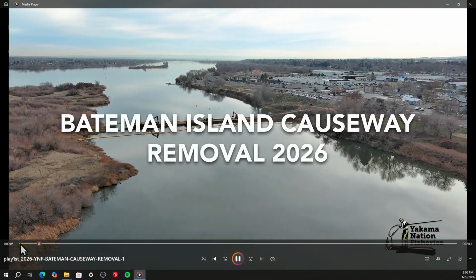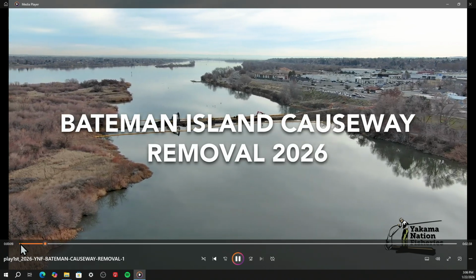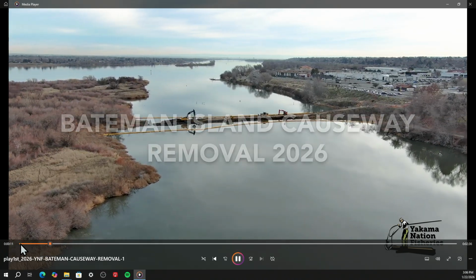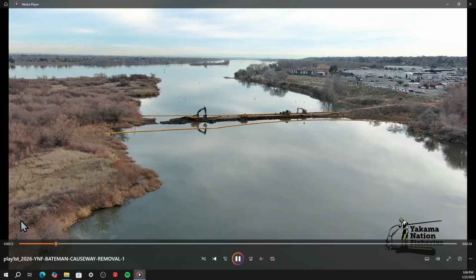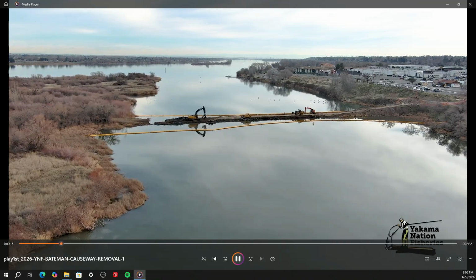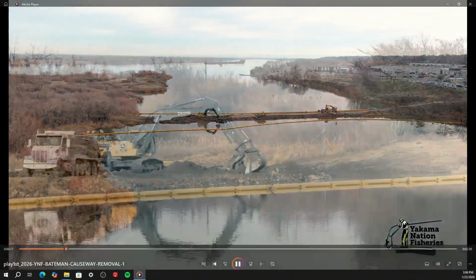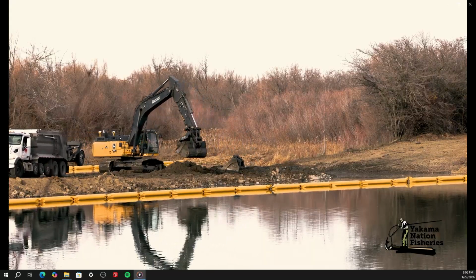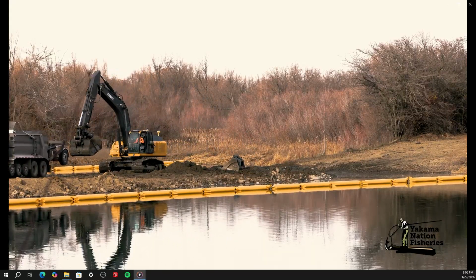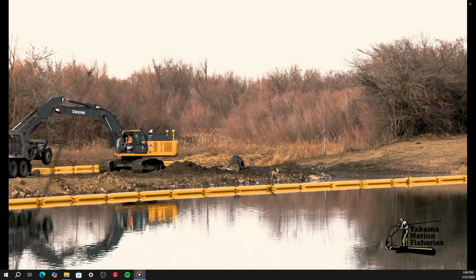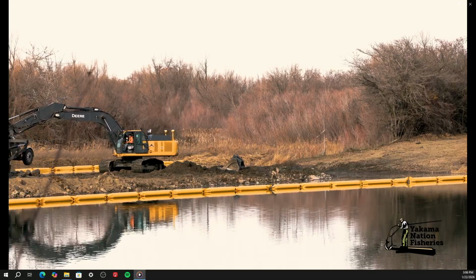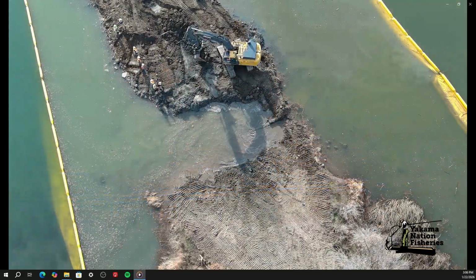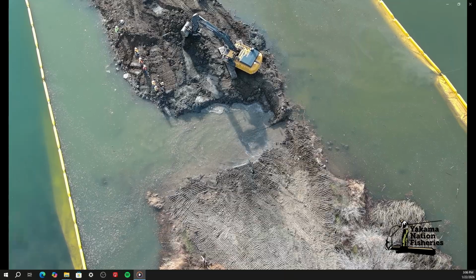Okay, so here is Bateman Island Causeway right here. And as you can see, that island was built there just to go across. And I hear they just put cattle over there on that island. And there's a lot of Native American artifacts on that island, and I think people used it for trails and all kinds of other stuff. But what that had caused was water heating in that area. It caused bass and a lot of predation going on there.